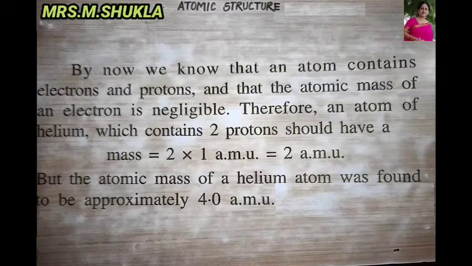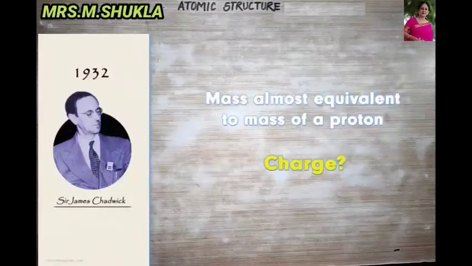How? The protons are 2 and electrons have no mass. That means the atomic mass of helium should have been 2. But no, it was found to be approximately how much? 4 AMU. That means there is another particle in this atom which has a mass of 2 AMU. 2 AMU means the mass of this new particle should be equal to the mass of the proton.